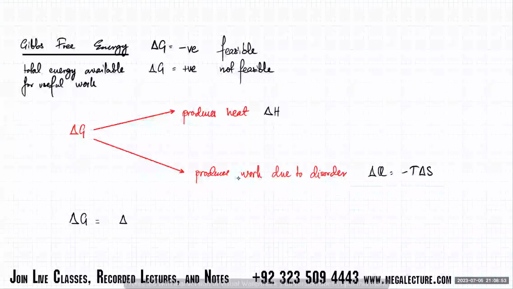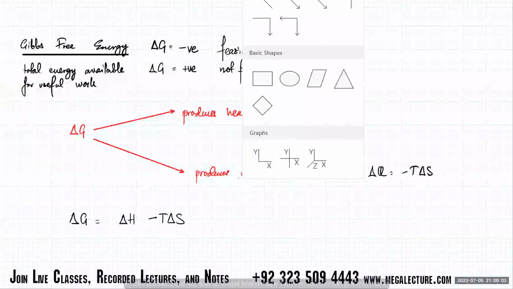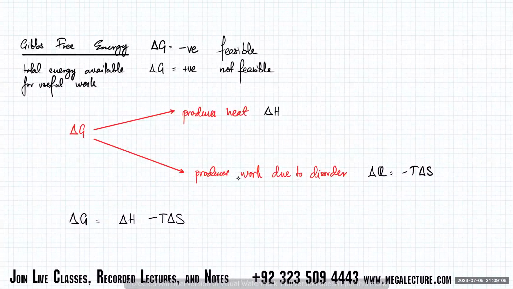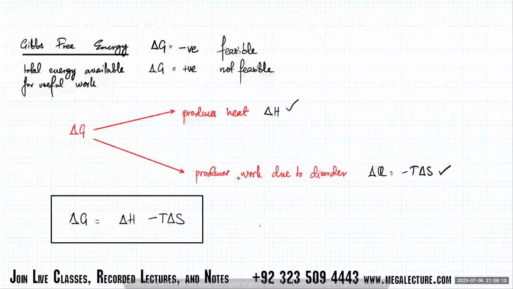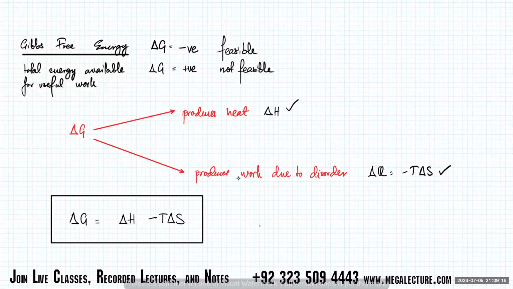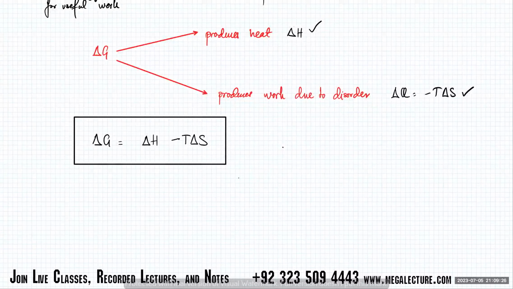It's delta H, heat energy produced, and the work that is produced due to entropy change, so that's minus T times delta S. So that's my formula for Gibbs free energy. Okay, so it's basically made up of two terms, one is this, and one of them is this one. This is the last formula actually. So is this clear? Okay, what is delta G? Is all of this clear? Yes. Yes.